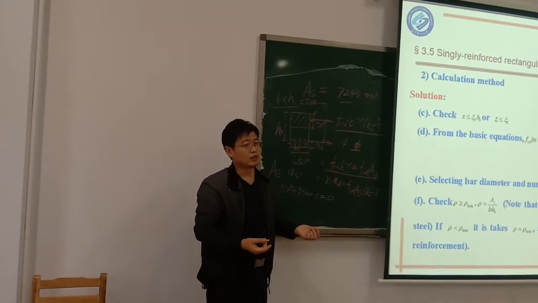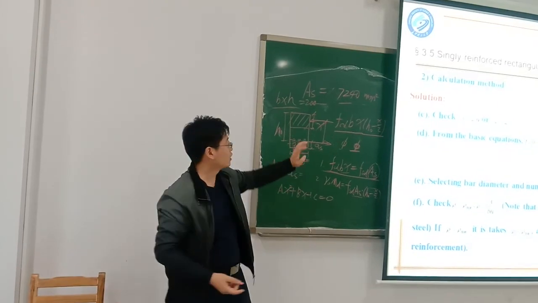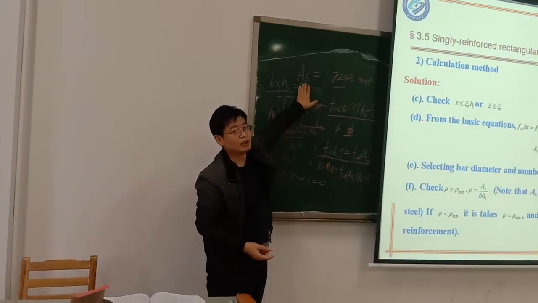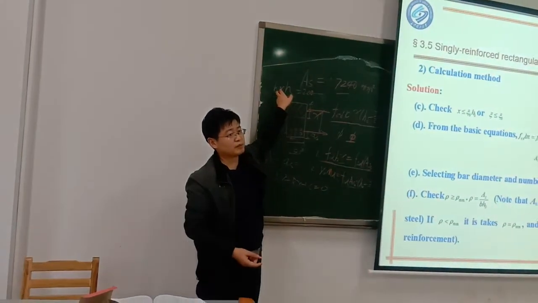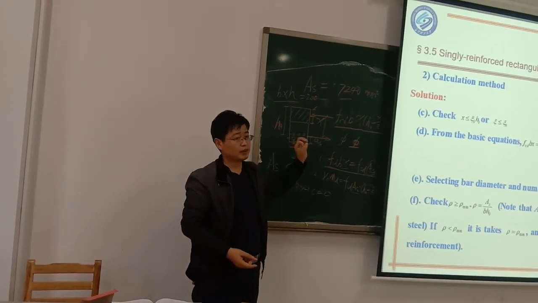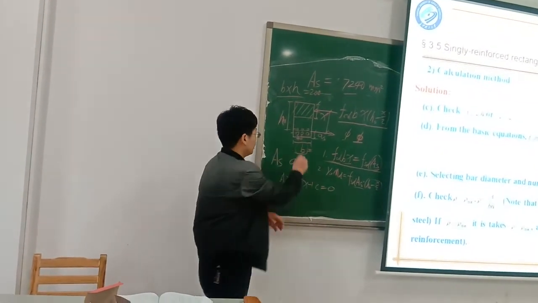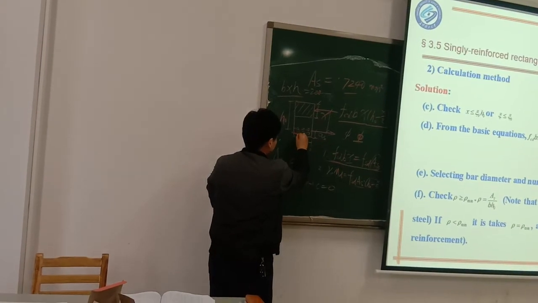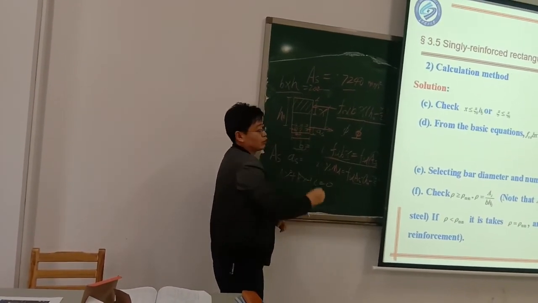If the question gives you the number of the B, you should think about whether 1 layer with 6 bars is wide enough or not, because the space between the bars and the cover thickness all have requirements.